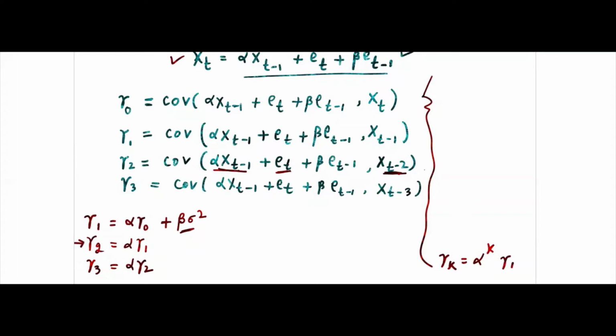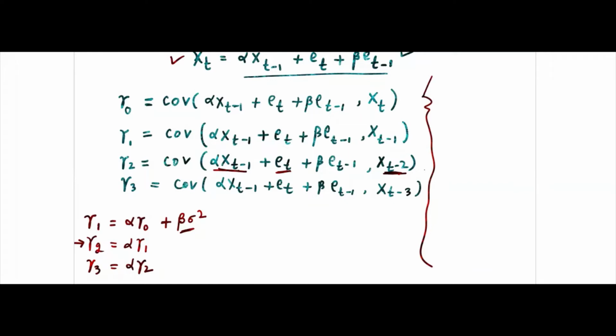Check here. Gamma 2 will be alpha gamma 1. How about gamma 3? Gamma 3 will be alpha square gamma 1. If you put it back, you will get it. Don't worry. You continue putting here, you will get it this way. Whatever it is, if you divide by gamma naught, then here also if you divide by gamma naught, you will get rho 2, from autocovariance to autocorrelations. So you will get all autocorrelations afterwards. We will not worry about all those.